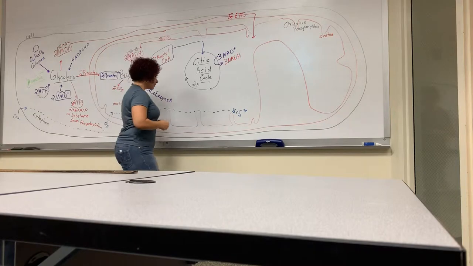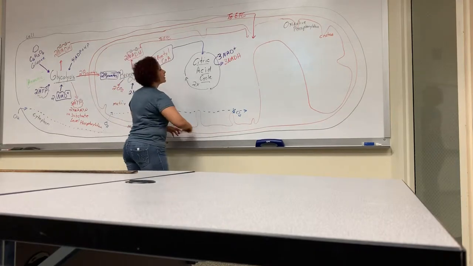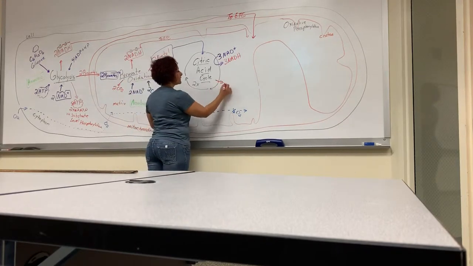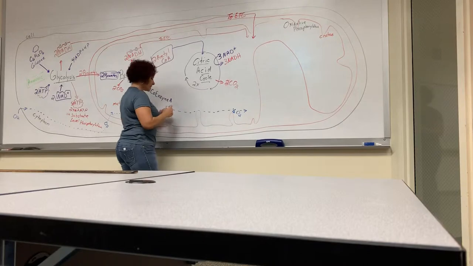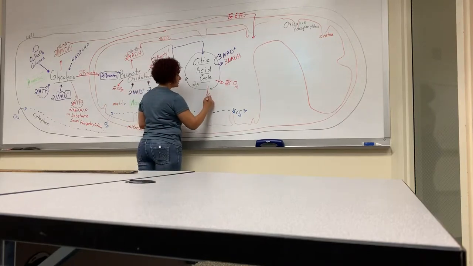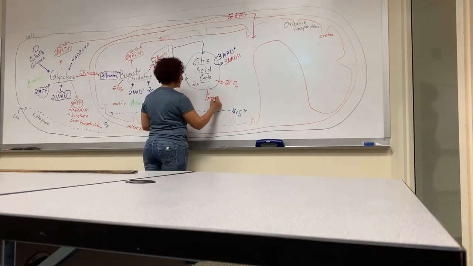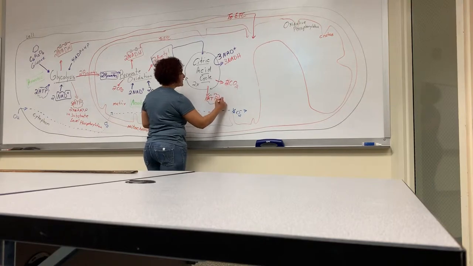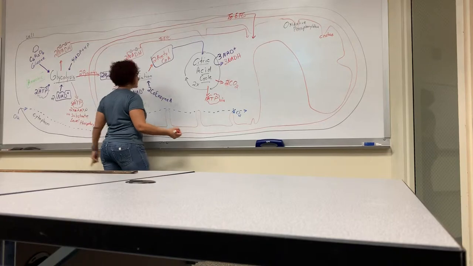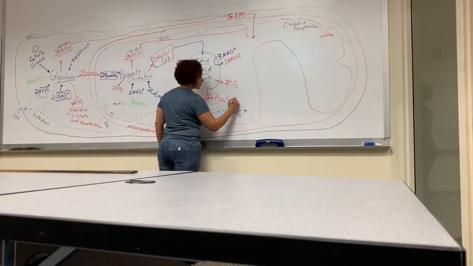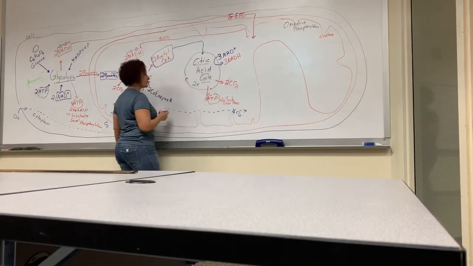Also coming out are 2 CO2s. Boom, 2 CO2s. Then you have 1 ATP coming out, a high energy molecule made via substrate level phosphorylation, same as the ATP in glycolysis. I'm just going to write substrate-level phos. An enzyme is in there and helps make it.